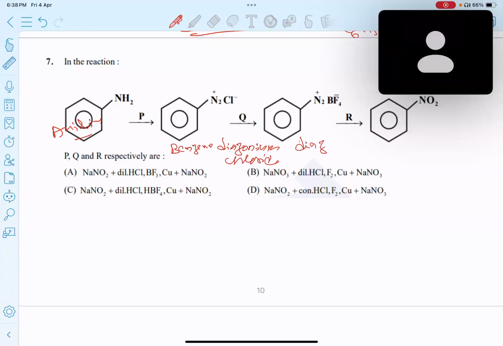The final product is nitrobenzene. So here, first let us find out what the reagent P is. First, aniline gives benzene diazonium chloride. Actually, this is the diazotization reaction. In the diazotization reaction, the reagent used is nitrous acid.